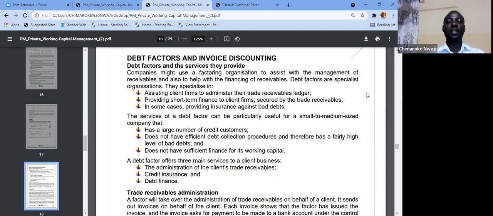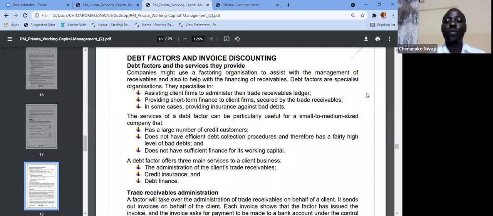So that means for you to enlist the services of a debt collector, you must have a large number of credit sales and your customers are not paying up. You must have an inefficient procedure for collecting debt. That's why you could not collect them yourself. You need to employ the services of a debt collection, and you do not have sufficient finance for your working capital.